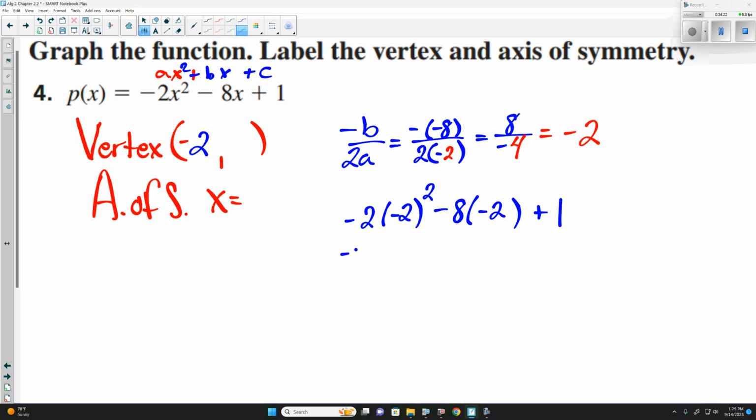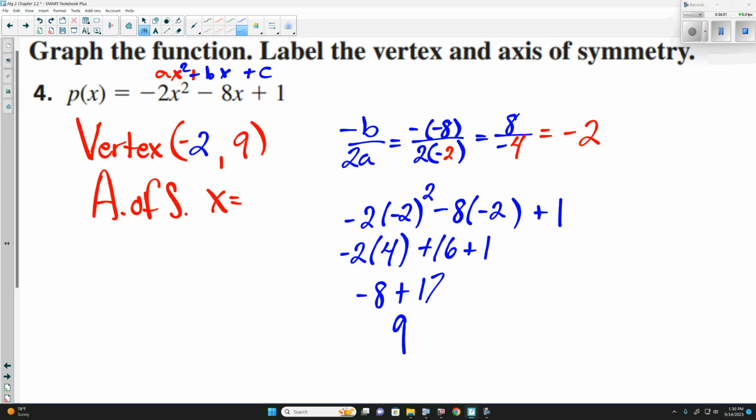Now I'm going to do this one by hand. -2 squared is 4. -8 times -2 is plus 16 plus 1. -2 times 4 is -8. 16 plus 1 is 17. And -8 plus 17 is 9. So the vertex is the point (-2, 9).